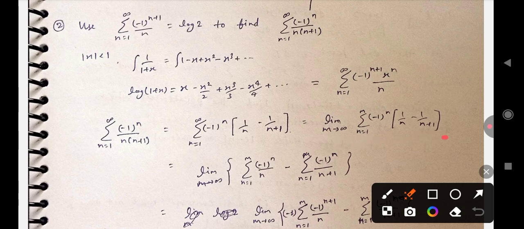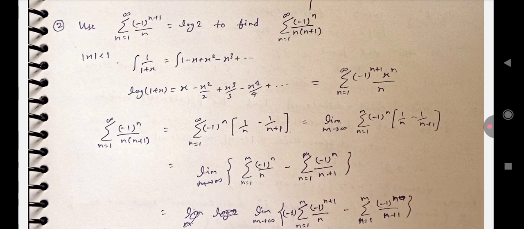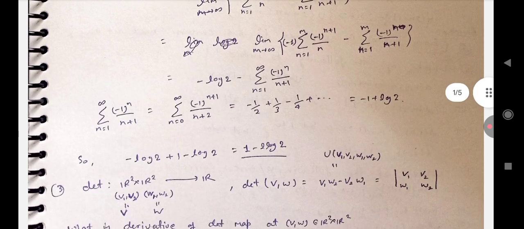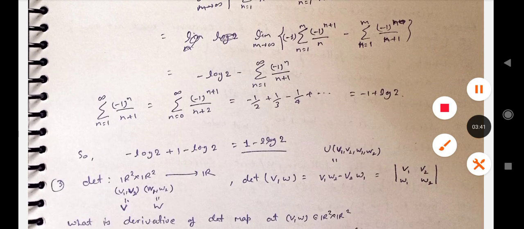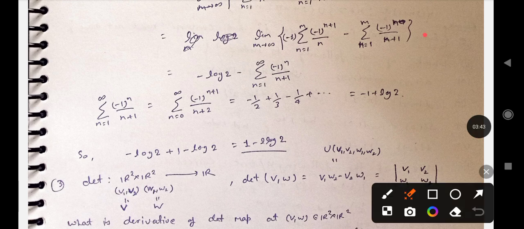After that we will get 2 sum as m tending to infinity. Now apply limit both sides. Then this series is converged to minus log 2, and we have to find this. So this is this one. Now add plus 1 and minus 1, then we will get minus 1 plus log 2.